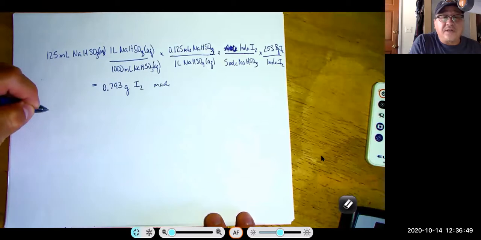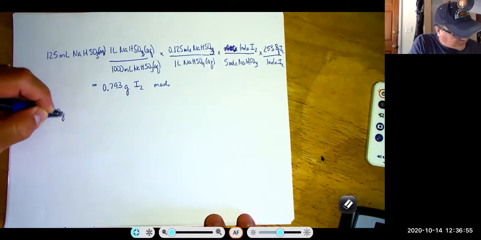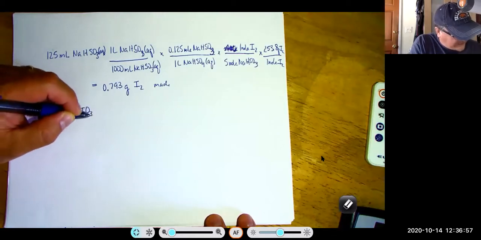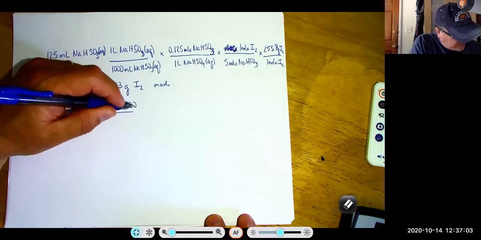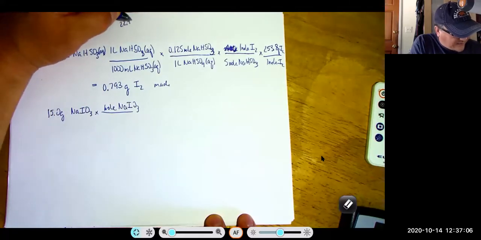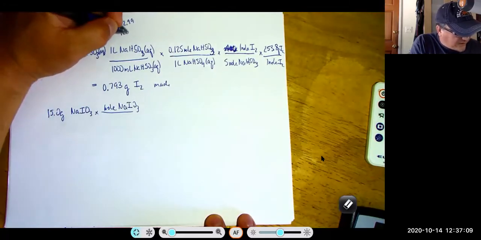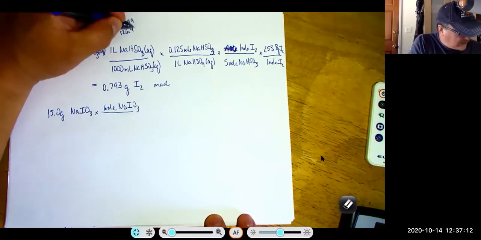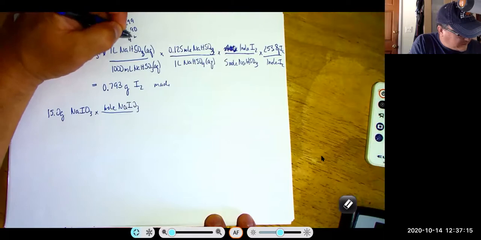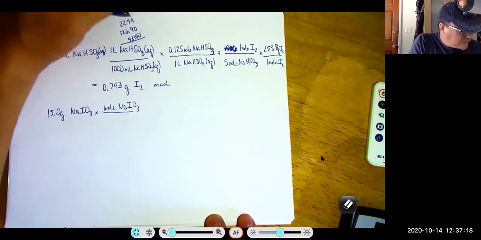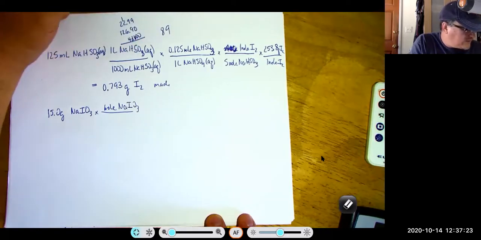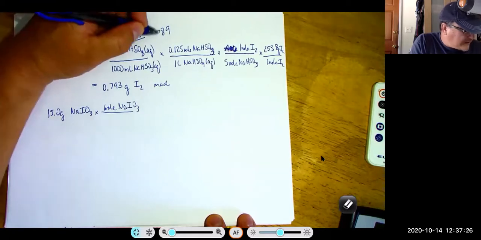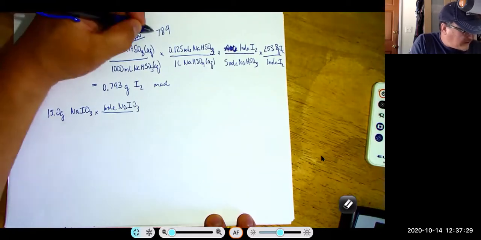Now, if we start off with 15.0 grams of sodium iodate, so sodium iodate is 22.99 plus 126.90 plus 48. So 9, 8, carry the 1. 17, carry the 1. 5, 1.